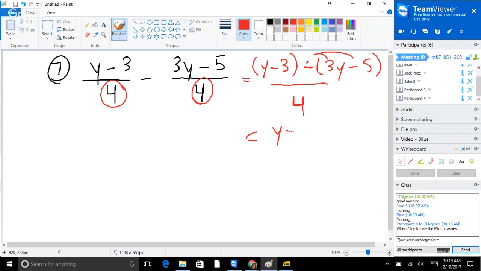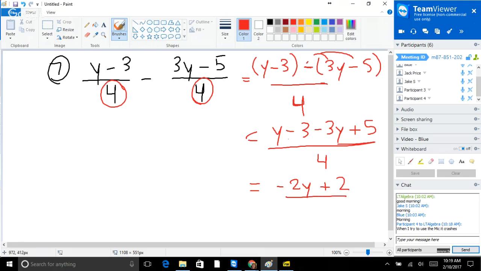All right, so y minus 3 just stays the same. And then it's going to be minus 3y. And then it's going to be minus 5. So when you're subtracting a negative, you're adding 5 over 4. Okay, so y minus 3y is minus 2y. And negative 3 plus 5 is positive 2 over 4.